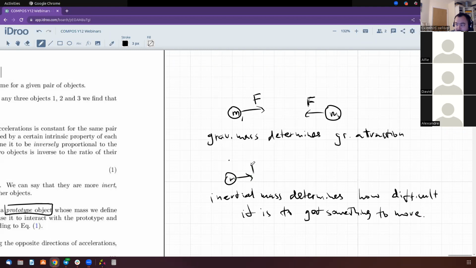If you apply a force F, how does it react? So acceleration is force over mass. So mass determines how quickly it accelerates, and here mass determines how strong the gravitational force is. They seem to be completely different things, but they are exactly equal to each other. At least no experiment has been able to find the difference between the two.